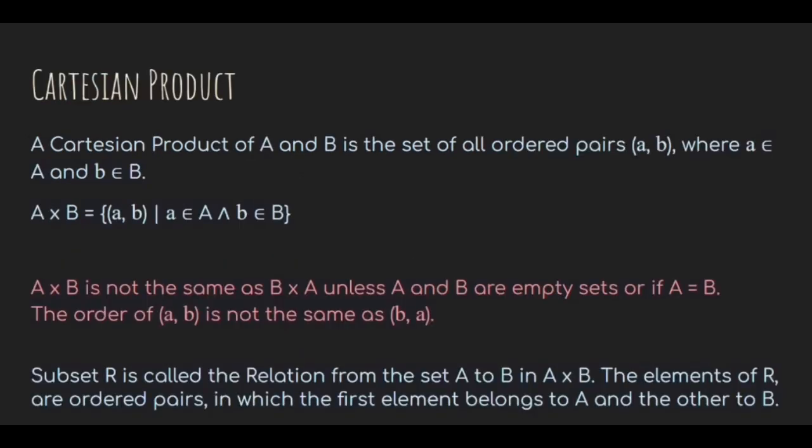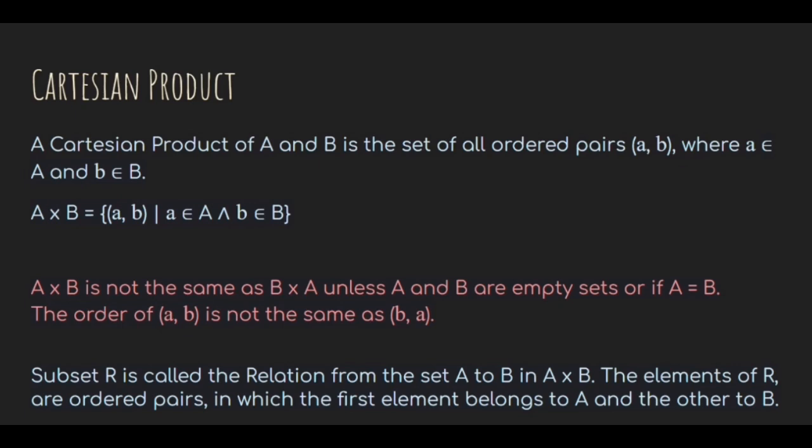Now, the Cartesian product. This one is different from sets in the fact that over here you can see that AB and BA are not the same. But let's first tell you what a Cartesian product is.